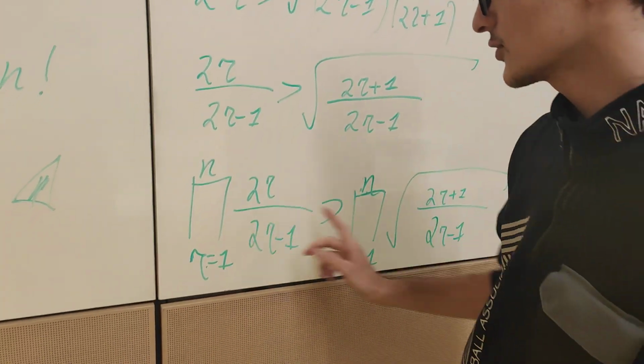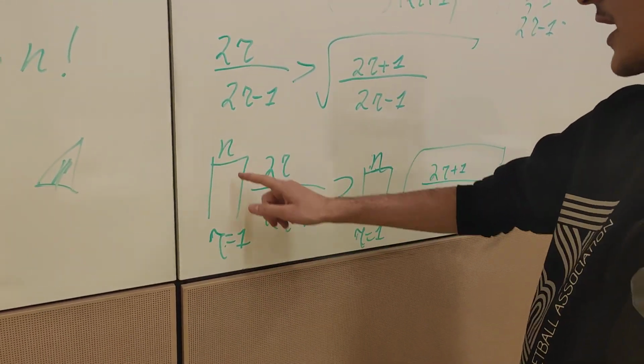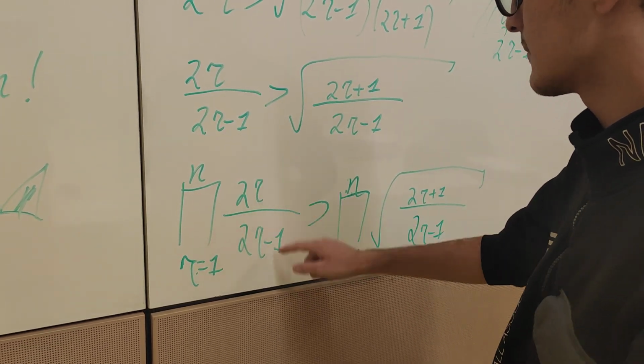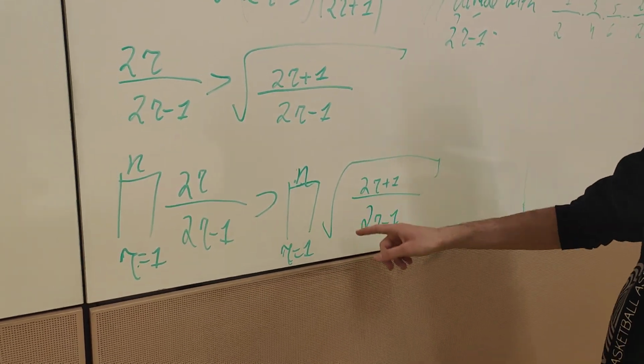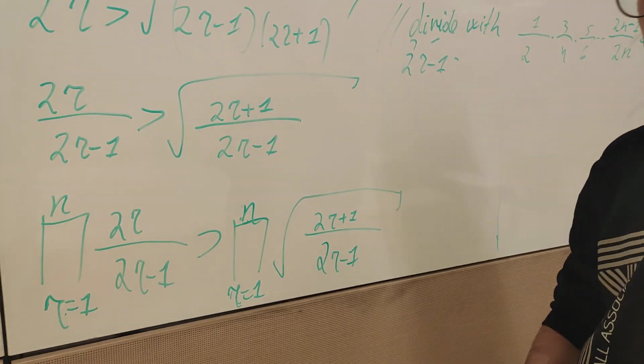And we use product notation there, not sigma. The product from 1 to n of 2r over (2r minus 1) is bigger than the product from 1 to n of the square root of (2r plus 1) over (2r minus 1).